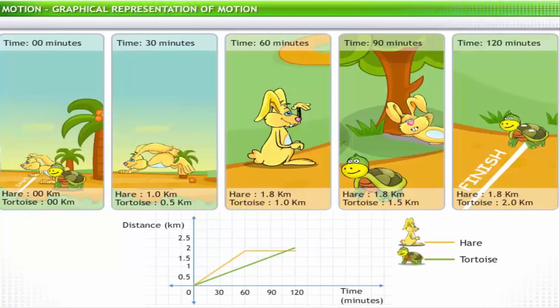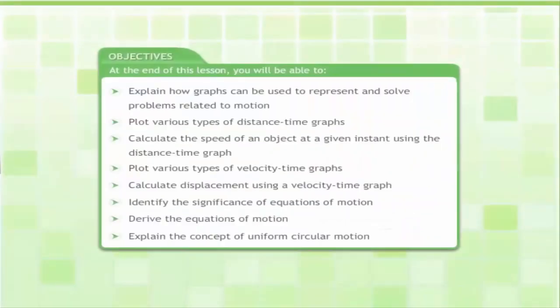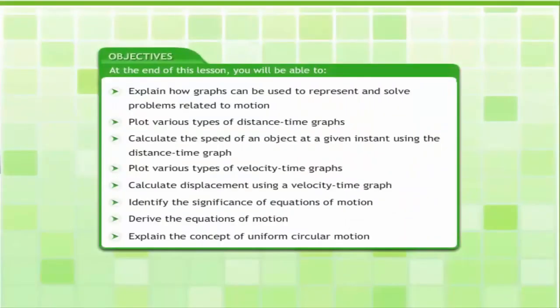In this lesson, you will learn about graphical representation of motion. At the end of this lesson, you will be able to explain how graphs can be used to represent and solve problems related to motion. Plot various types of distance-time graphs. Calculate the speed of an object at a given instant using the distance-time graph.